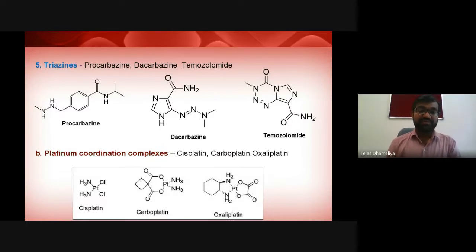So it can perform cross-alkylation of the DNA and can inhibit the tumor or inhibit the proliferation of particular cells.